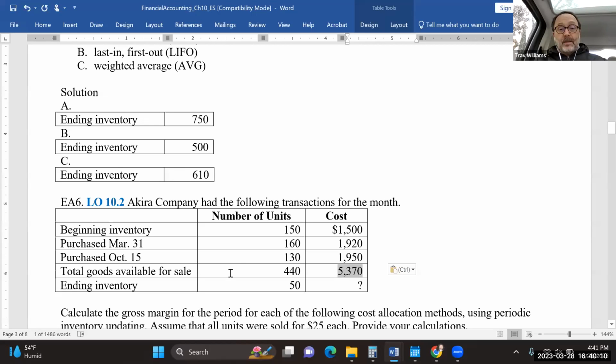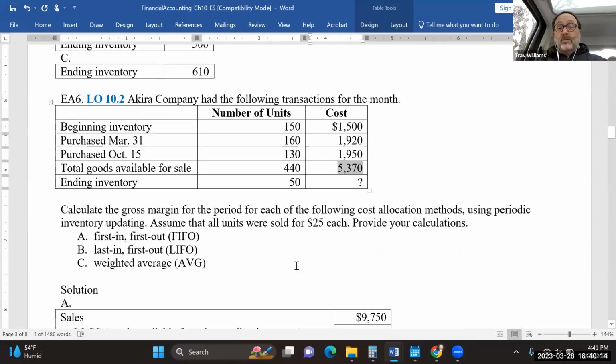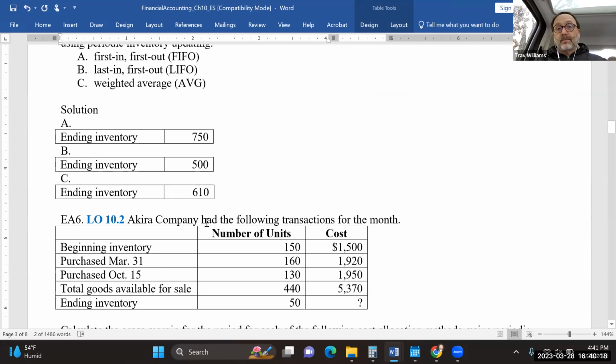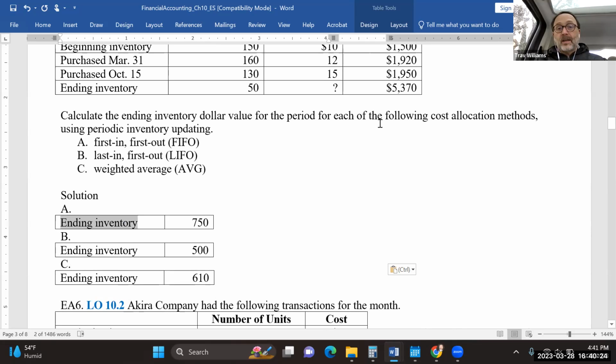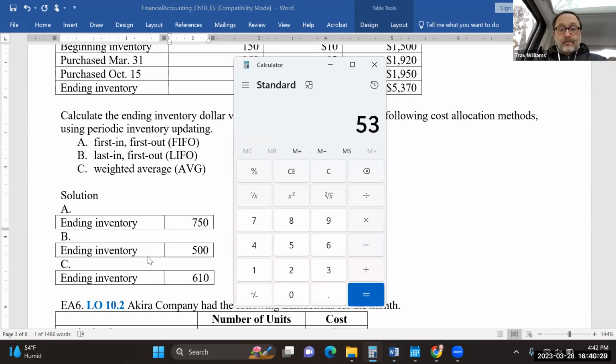So under FIFO, if you remember, going back to exercise 5, ending inventory was $750. So we're going to take the goods available for sale, $5,370, subtract the ending inventory of $750, and we get $4,620.